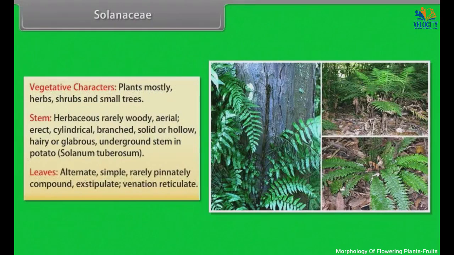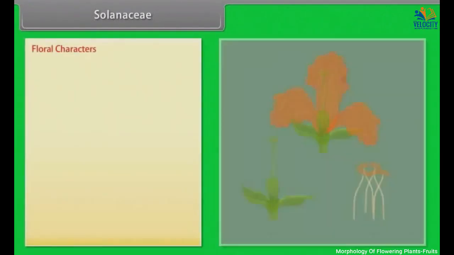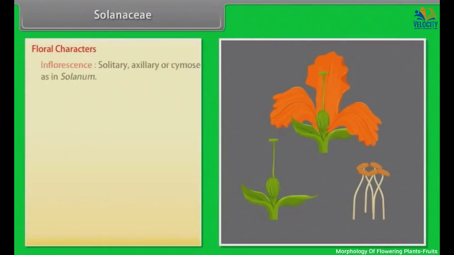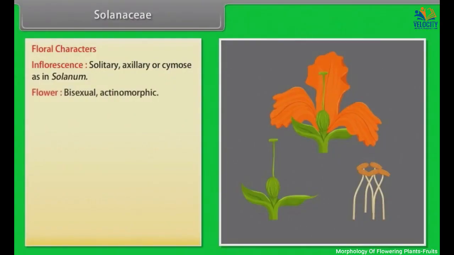Leaves alternate, simple, rarely pinnately compound, exstipulate, venation reticulate. Floral characters. Inflorescence solitary, axillary or cymose as in Solanum. Flower bisexual, actinomorphic. Calyx, sepals 5, united, persistent, valvate aestivation.